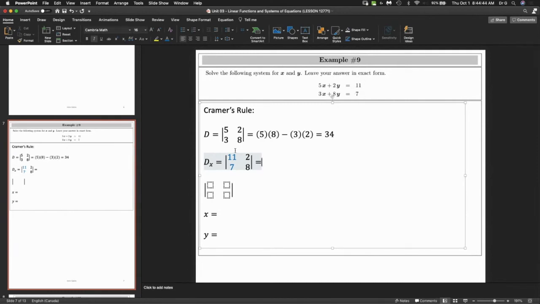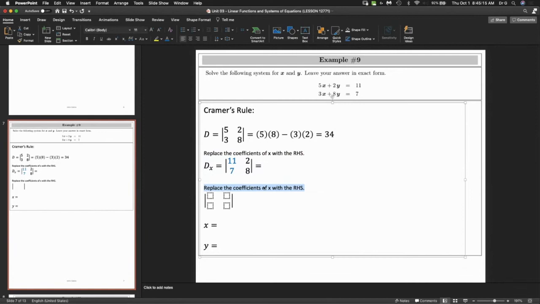That's called the right-hand side. So that's what I did there. RHS is right-hand side. And then I'll do the same thing here. Replace the coefficients of y with the right-hand side. I'll put 5 and 3, just as they were from the original. And now I'll put 11, 7 here.